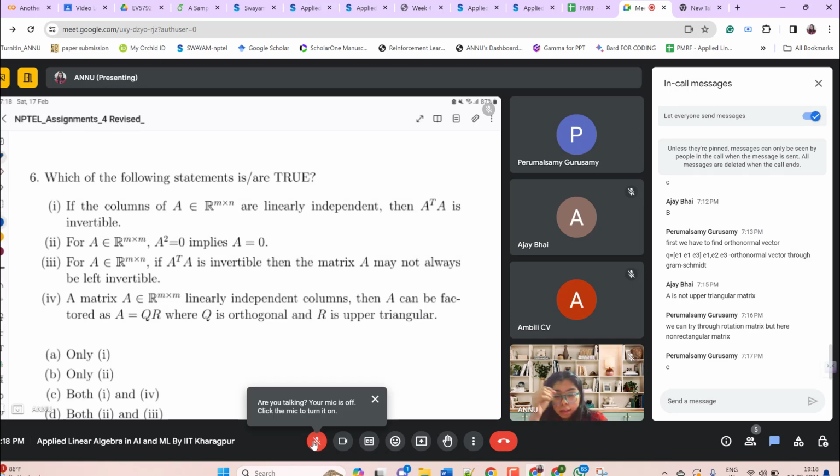So the answer is C. Guruswami told C. Let's wait for others.